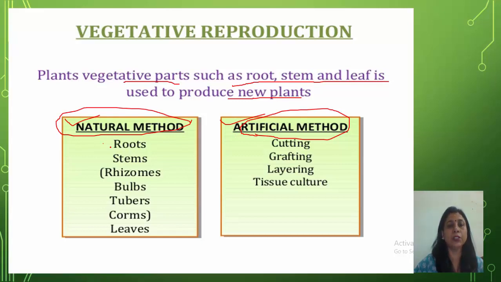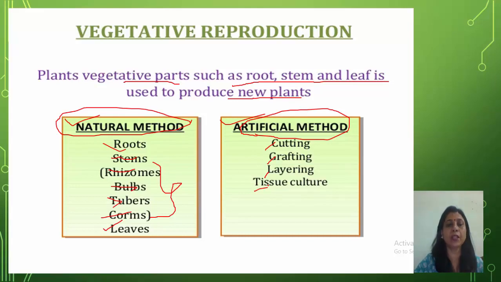In natural methods, roots, stems, rhizomes, bulbs, tubers, corms. These all four are stems and leaves are used to produce new plants, whereas in artificial method, cutting, layering, grafting and tissue culture is there.